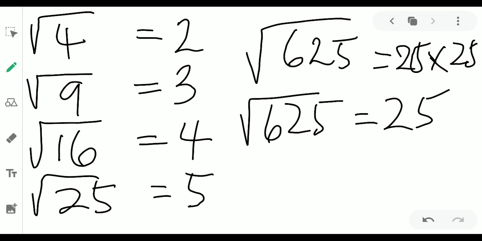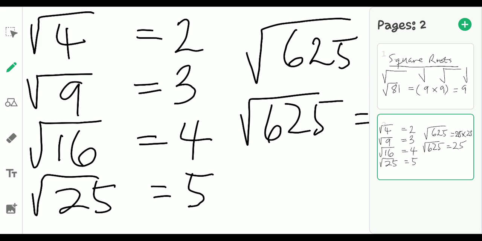Okay? So you move on like that. So try 13 times 13 and see the results. 14 times 14 and see the results. So those numbers will help you to identify the square roots of the said numbers. For example, let's move on to how we can do what I've just said.